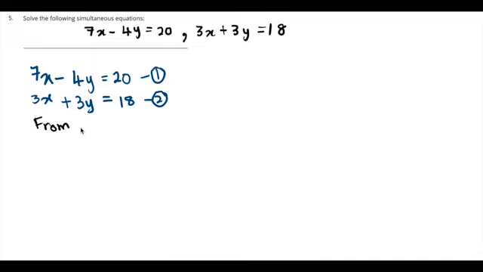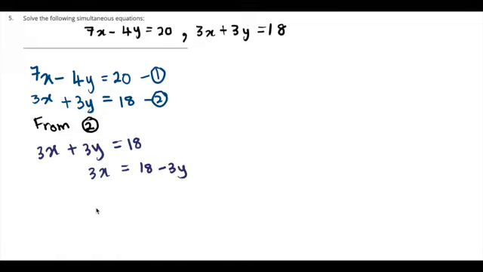I choose 2 because there are all positive terms there. We write down equation 2 again and we find out x equals to what? The single x equals to what? So I need to divide with 3 there so that I only get single x at the left side. That is our equation 3.